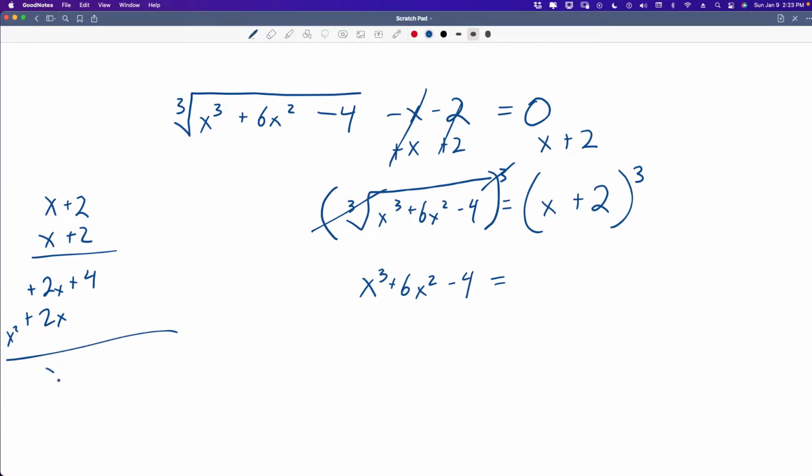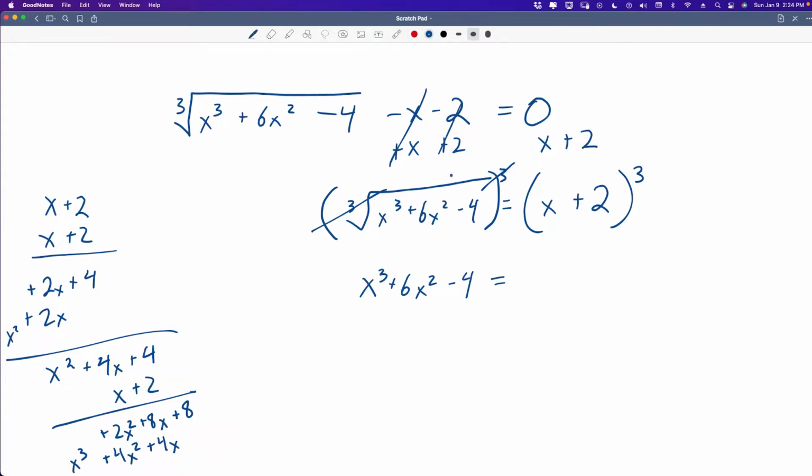So that becomes x squared plus 4x plus 4. Don't forget there's 3 of them, 1, 2, 3, so we have to do another one. X plus 2, 2 times that is positive 8, positive 8x, positive 2x squared, and now we have a positive 4x squared and an x cubed, because x times x squared.